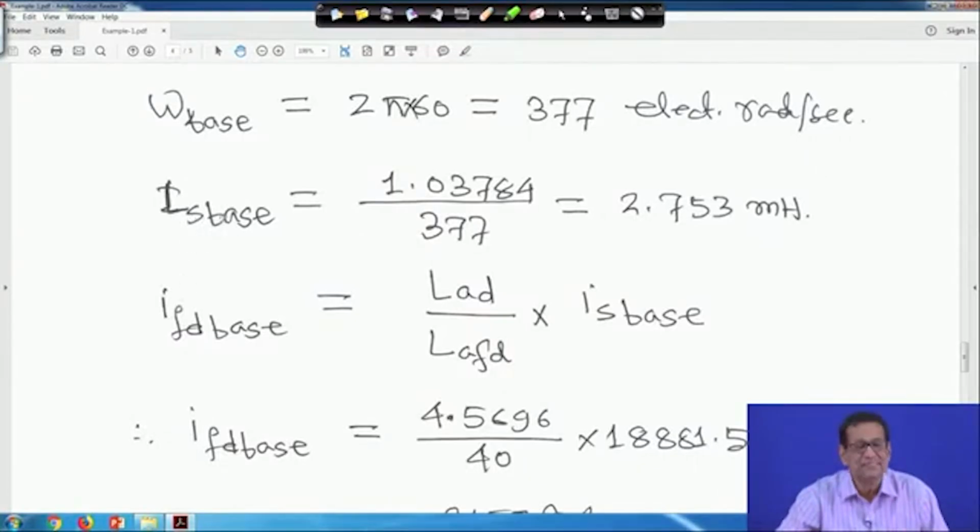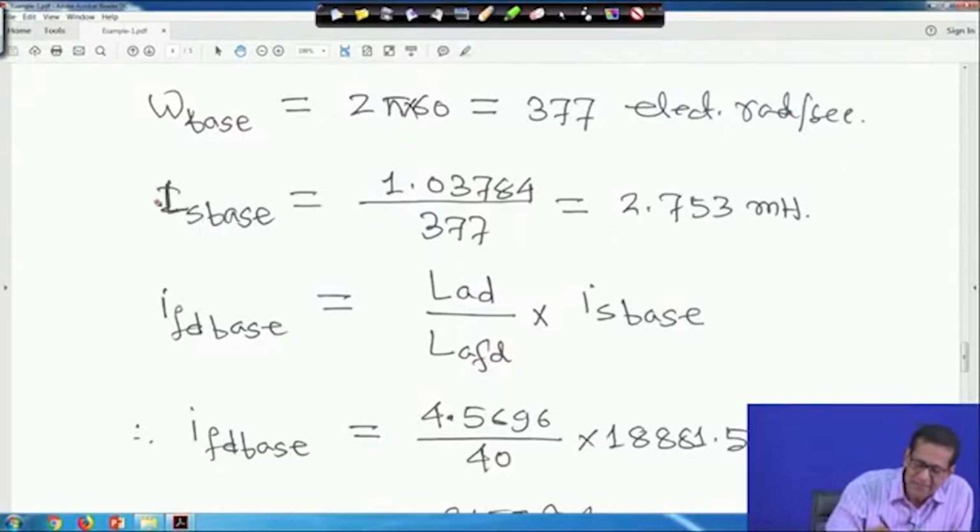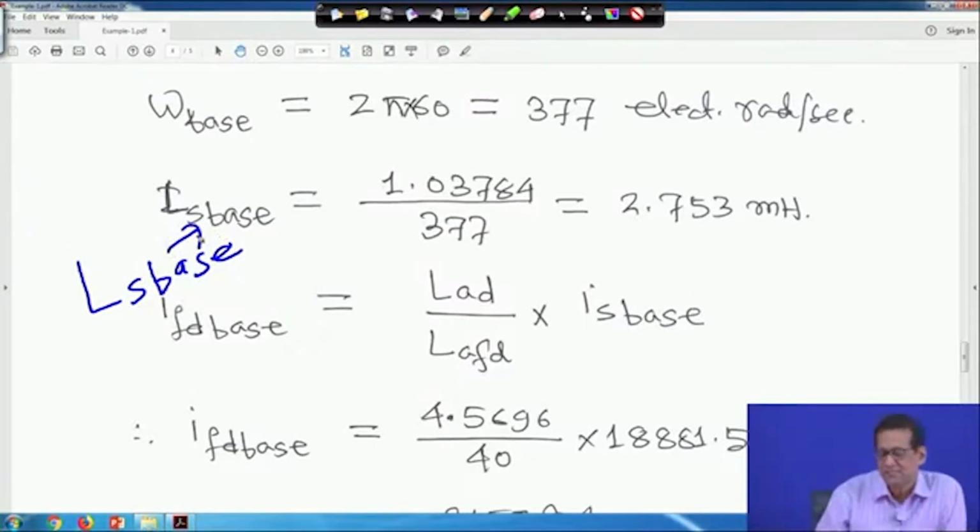So LS base is ZS base, that is 1.03784 divided by 377, which is 2.753 millihenry.